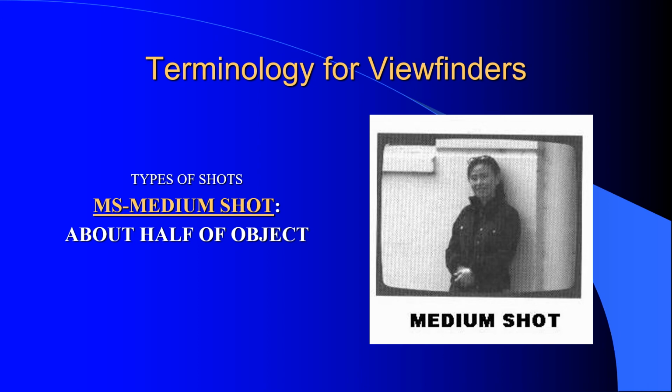The medium shot then is about half of the object. Again, we're moving closer into the subject, so the object is getting larger in the frame.